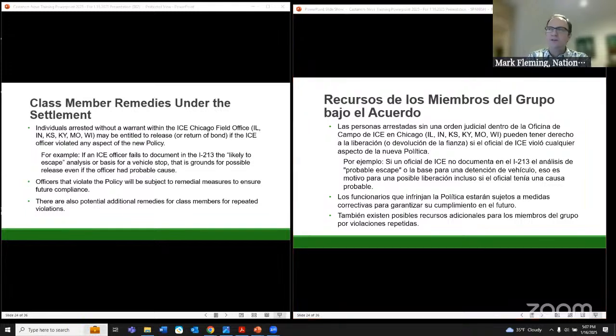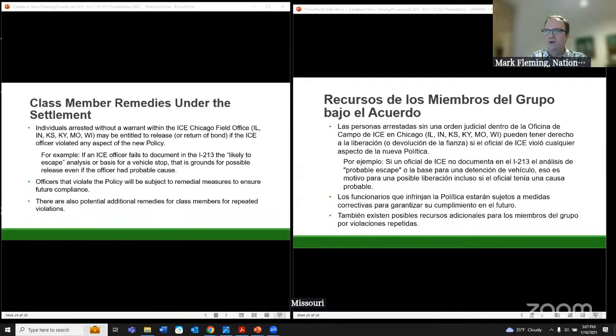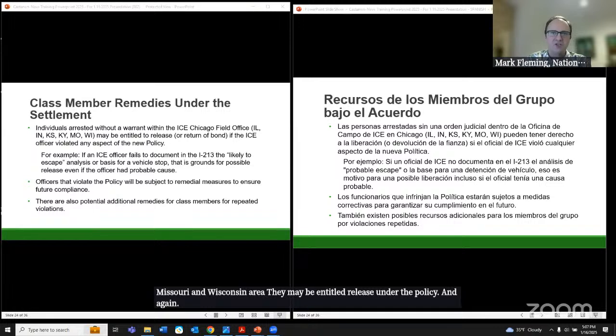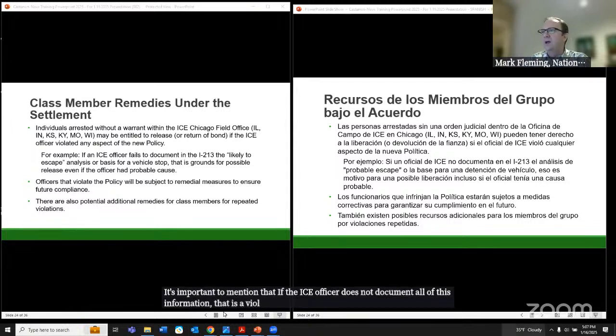So for individuals arrested by ICE without a warrant, and again, administrative warrants, within the ICE Chicago field office, this is the Illinois, Indiana, Kansas, Kentucky, Missouri, and Wisconsin area, they may be entitled to release under the policy. And again, it's important to mention that if the ICE officer does not document all of this information, that is a violation of the policy.